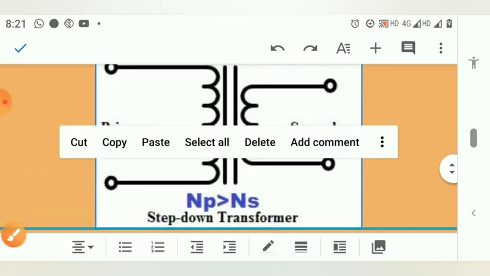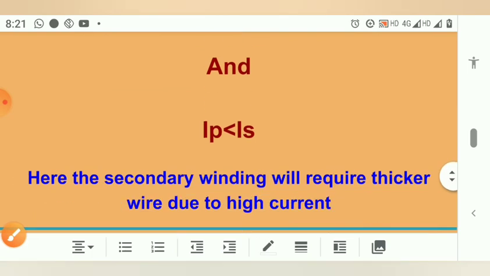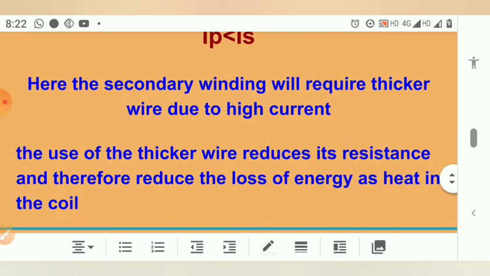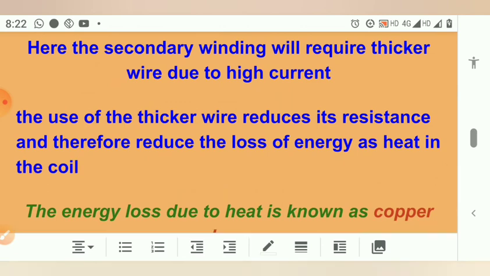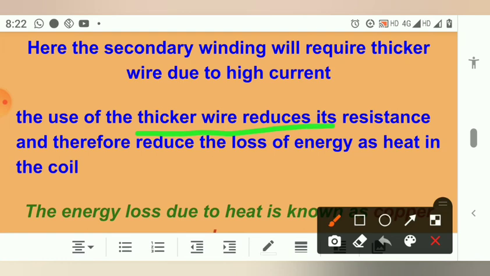This secondary winding requires thick wire due to high current, because we will be getting high current at the secondary. The use of thicker wire reduces the resistance, and therefore reduces the loss of energy.